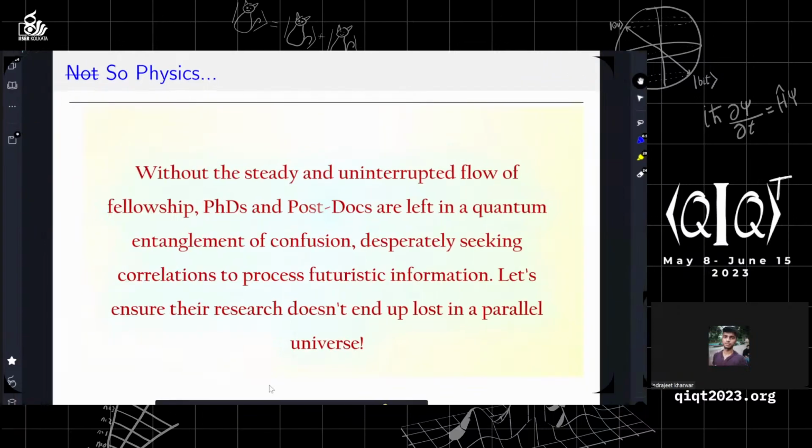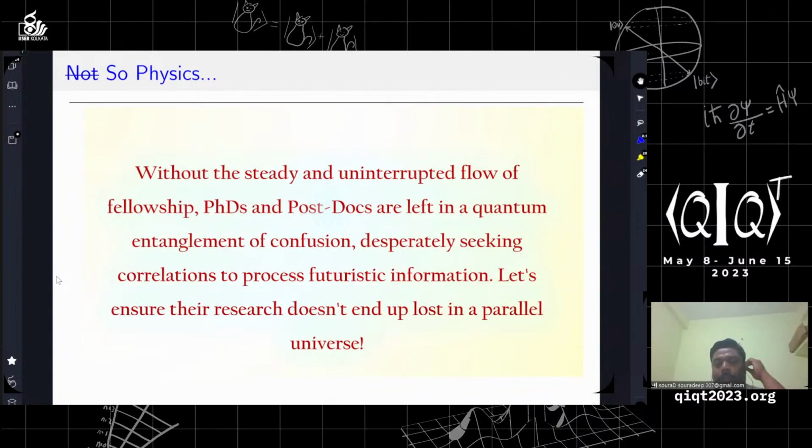Hello, sir. My question is regarding career guidance. Sir, what is the research environment at RRI? Is RRI working on quantum computers? Quantum computers, that I don't know, but quantum information and foundations, they work on generally. Also, other than that, there are many topics they do.